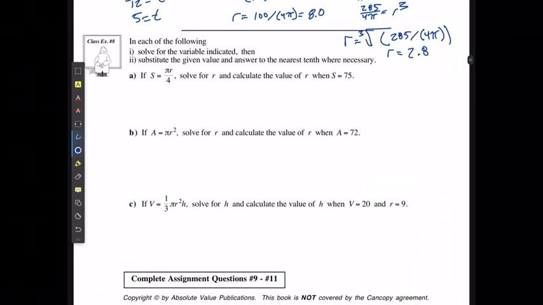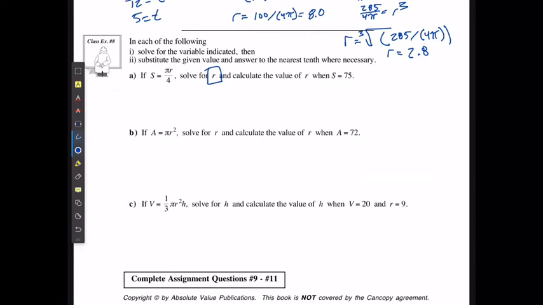And for the last example, in each of the following, solve for the variable indicated, then substitute the values to get the answer to the nearest tenth when necessary. So if in this formula I'm solving for r, I need to rearrange the formula in order to solve for r first. So I'm going to start by multiplying both sides by 4.